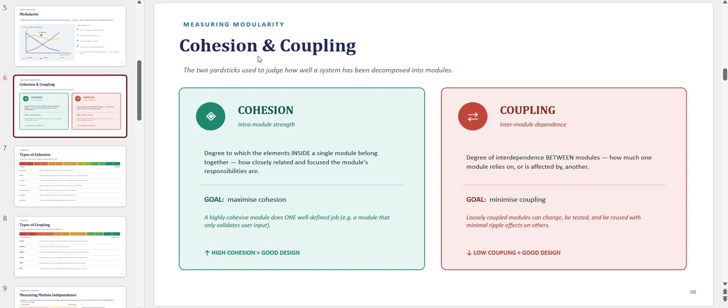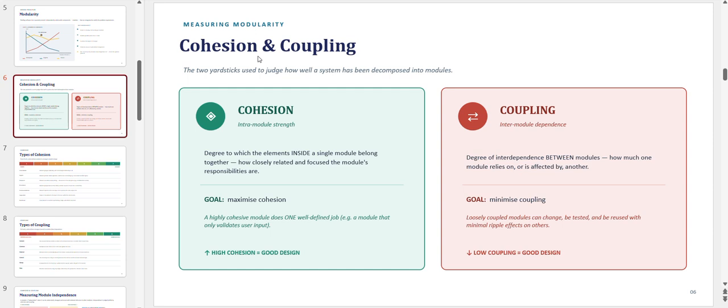The goal is to maximize cohesion. A highly cohesive module does one well-defined job, for example, a module that only validates user input. The higher the cohesion, the better the design.